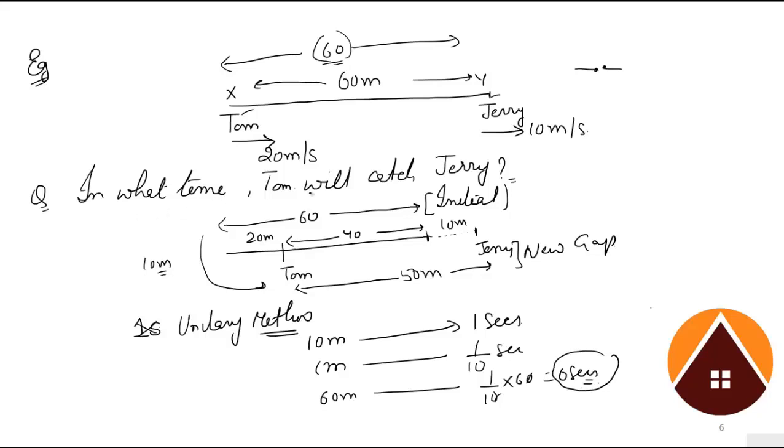So in what time will Tom catch Jerry? The answer is simply 6 seconds. This is done by somebody who does not understand relative speed. But if he understands relative speed, he can do it the other way, which will take very less time. However, you can see that the gap is reduced at the rate of 10 meter per second.